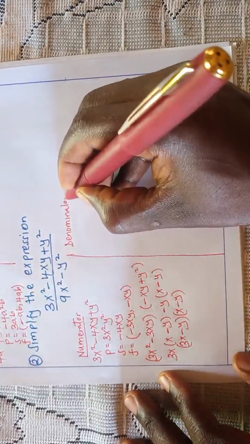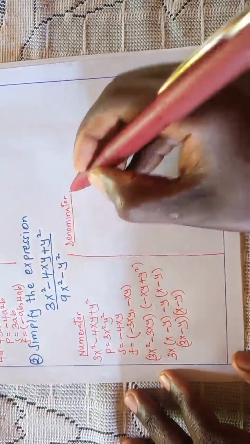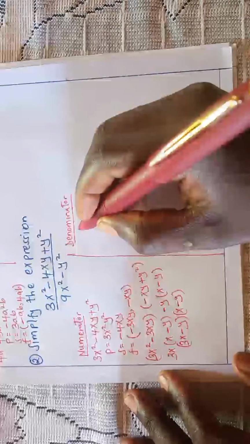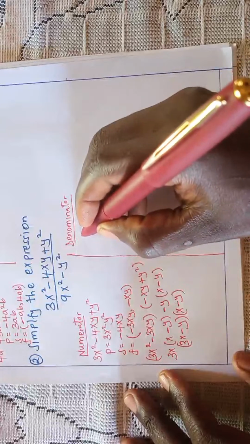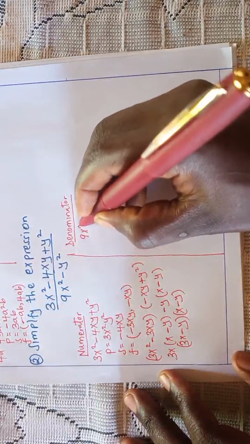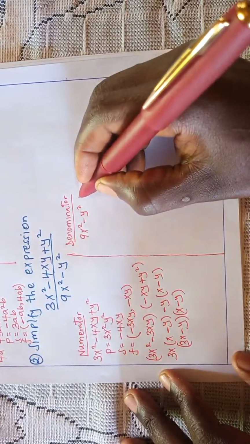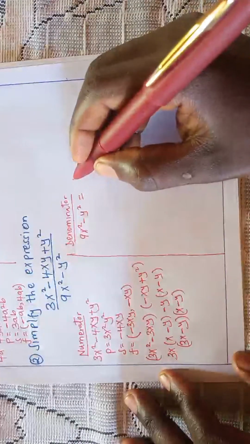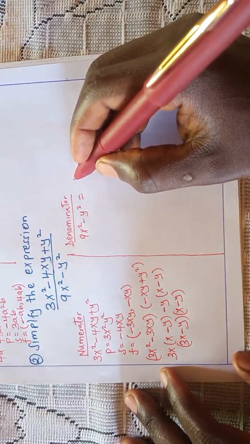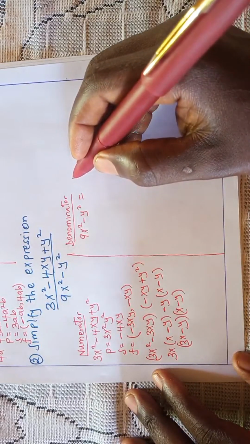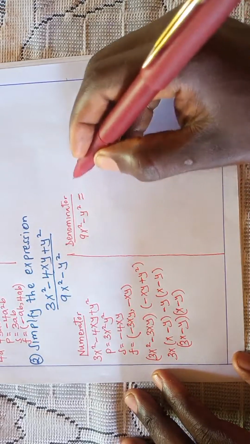Denominator, like I said earlier, this is the difference of two squares. We are going to say 9x squared minus y squared. And remember something, there is a certain idea I presented earlier.